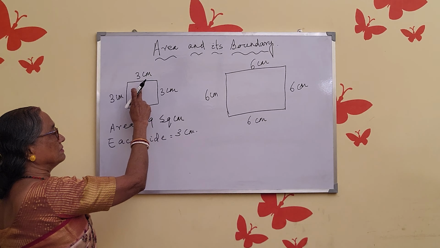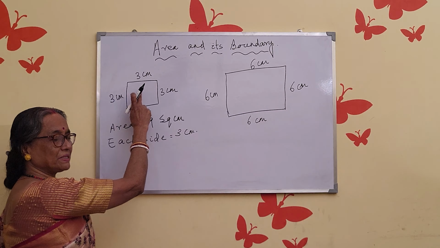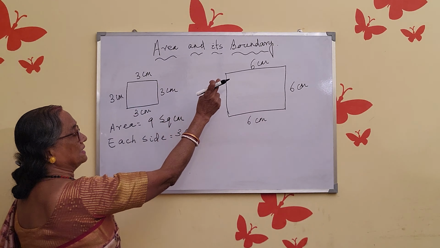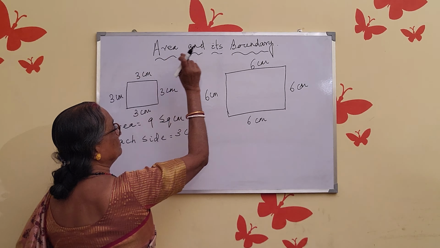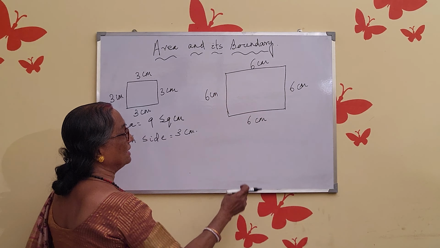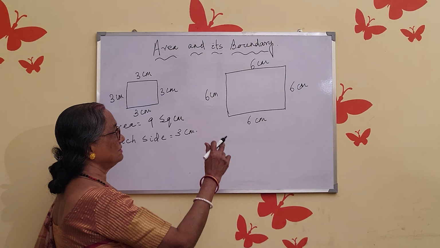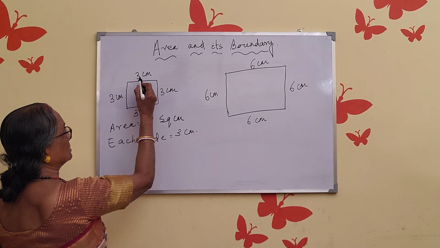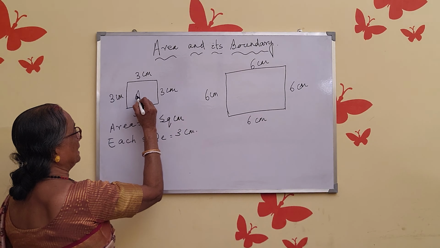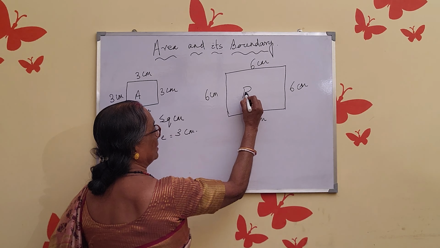Each side of this shape is 3 centimeter and each side of this one is double of this one, that is 6 centimeter. Now what is the area of the second figure? The name of this square is A and the name of this one is B.